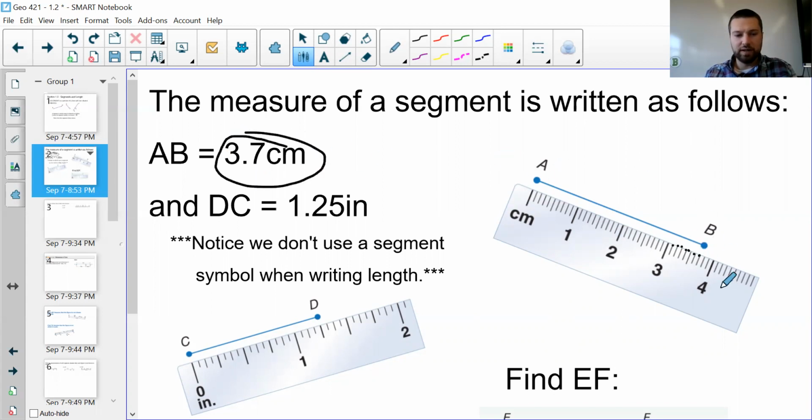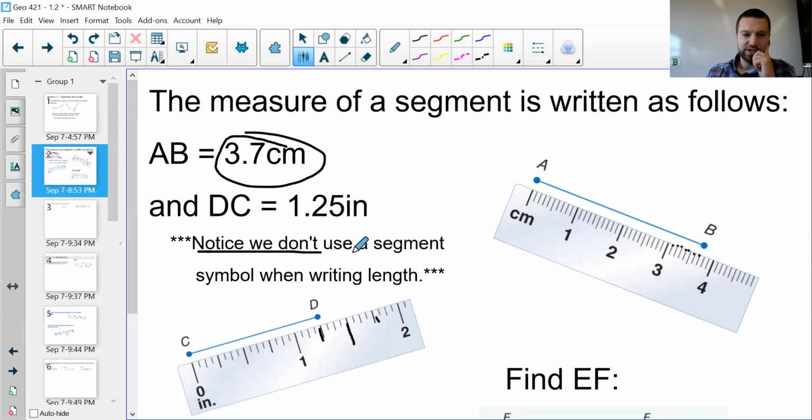That's 3.7 for AB. DC is 1.25, so 1 1/4 inches. So 1 inch, and then inches are divided into a quarter, a half, another quarter. So this is 1.25, 1.5, 1.75. So just be careful there.